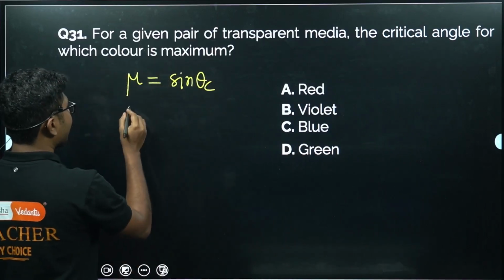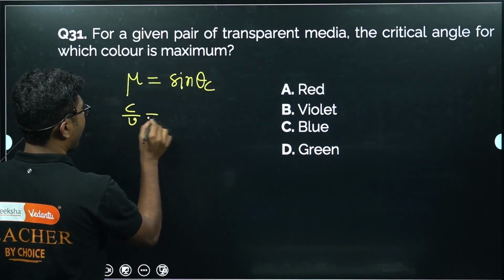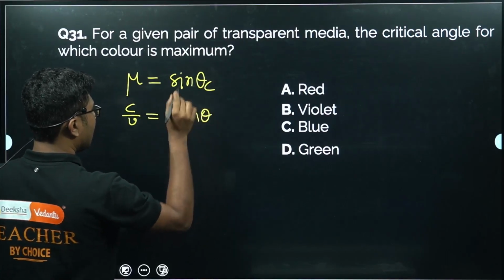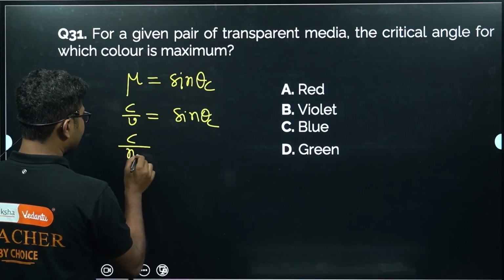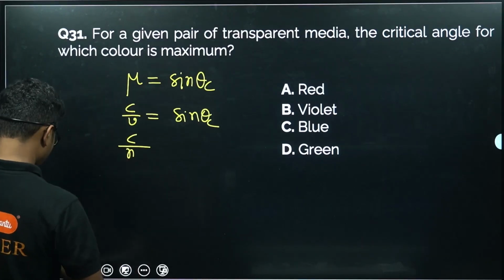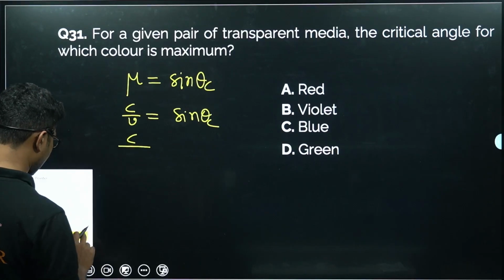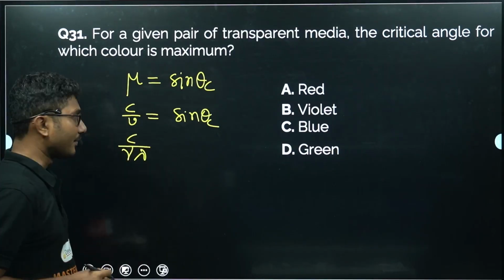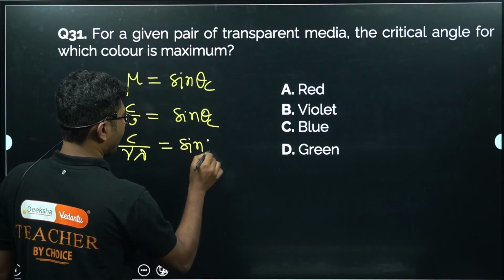Now mu is given by c by v, which is c by nu lambda, where nu is the frequency, is equal to 1 by sin theta c.